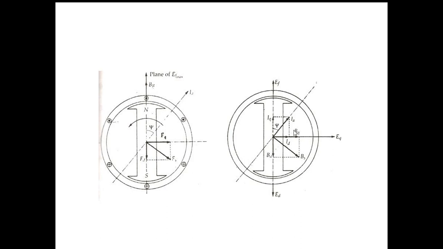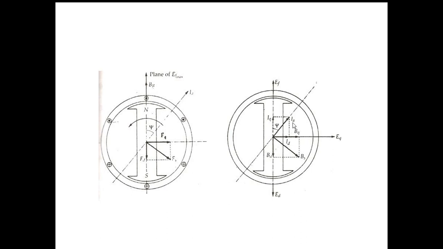Now, 90 degrees leading from BD would be your current ID, and in case of BQ, 90 degrees leading from BQ is your IQ. So if you can see, the two components of current are ID in this direction, IQ in this direction.